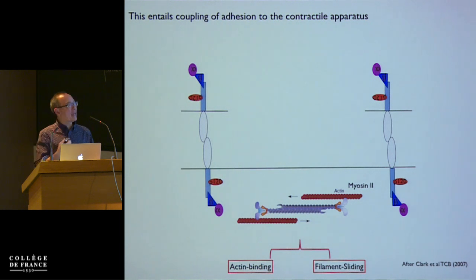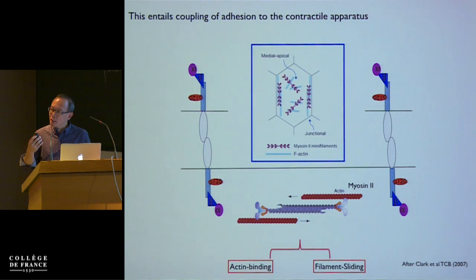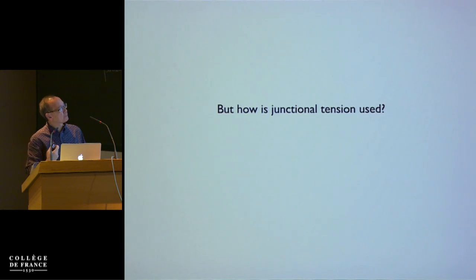A range of patterns of actomyosin can generate tensile forces on those junctions. They include the patterns of medial apical actin that labs such as Thomas's have described in especially dynamic epithelia, and they also include populations of actomyosin that can be found decorating the cell-cell junctions themselves.